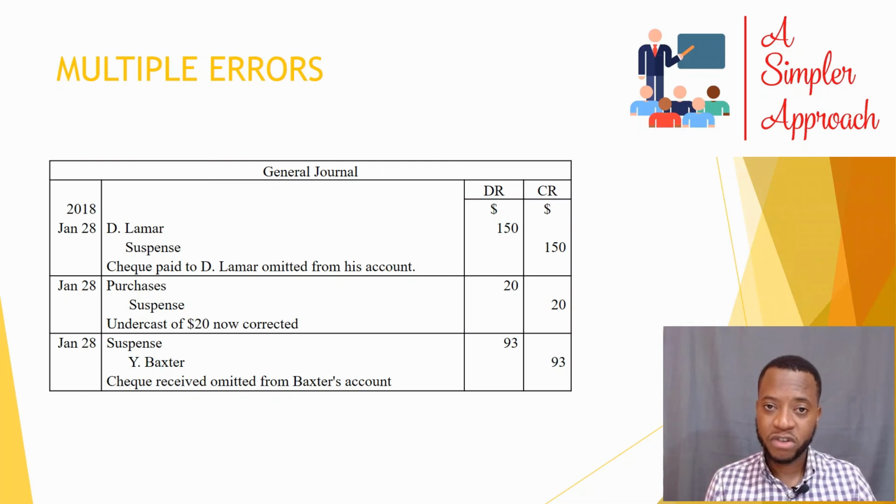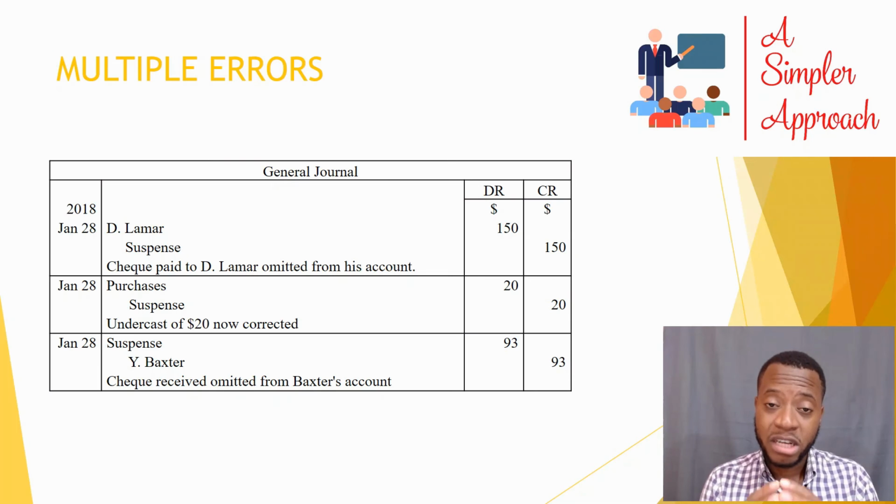Because remember, double entry says you should debit something, credit something. There we have it. Okay? And then a simple narrative. Check received, omitted from Baxter's account. And I don't remember if I had looked at the narrative for the purchases one. Undercast of $20 now corrected. Okay? Simple, easy, straightforward. That would correct all 3 errors.